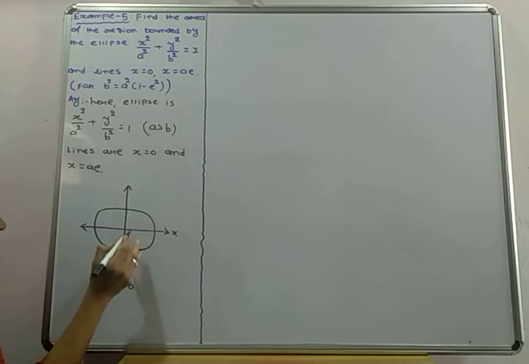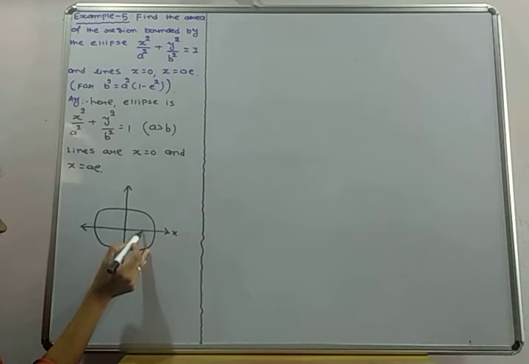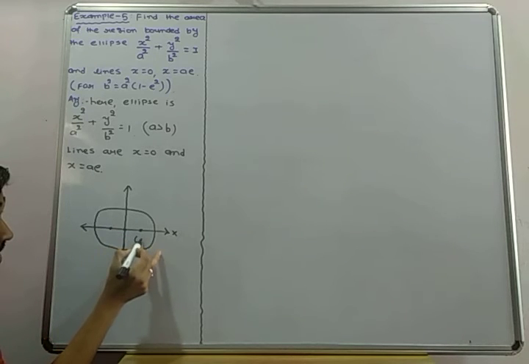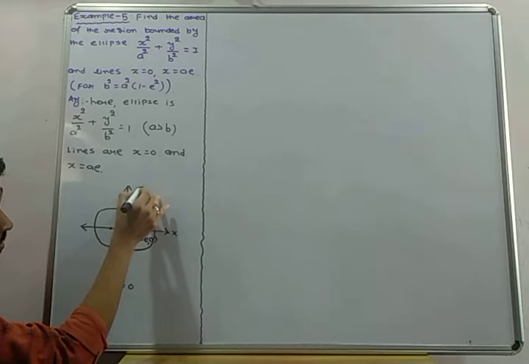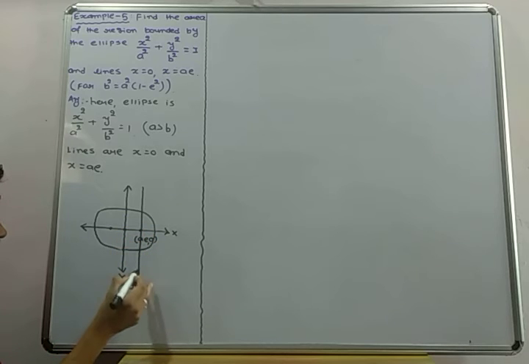तो फोकस याद करो, मैंने अभी बोला था कि फोकस इज प्लस और माइनस ae, 0. तो दिस साइड दिस आर द फोकस. तो हियर प्लस ae, 0 and here minus ae, 0, but हमें क्या लिखना है, ae, 0. तो here coordinates are ae, 0, so this line is x equal to ae.